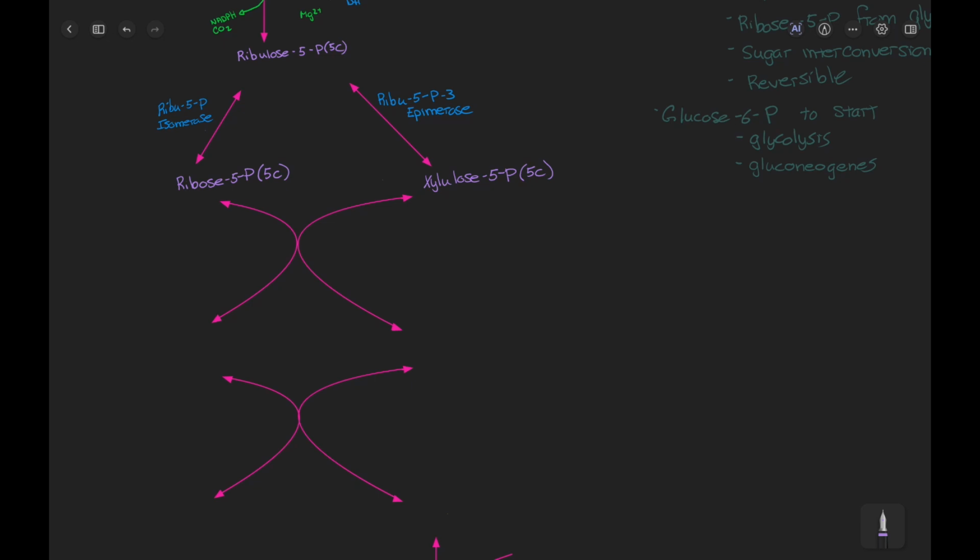The xylulose 5-phosphate and ribose 5-phosphate generate glyceraldehyde 3-phosphate that has 3 carbons, and sedoheptulose 7-phosphate, which has 7 carbons, with the enzyme transketolase.